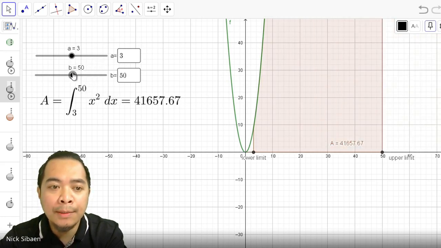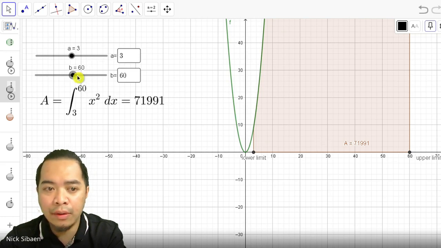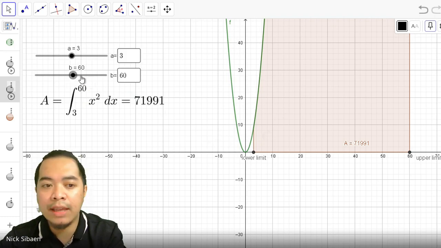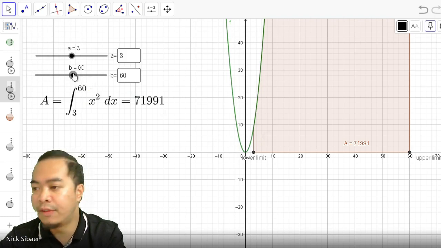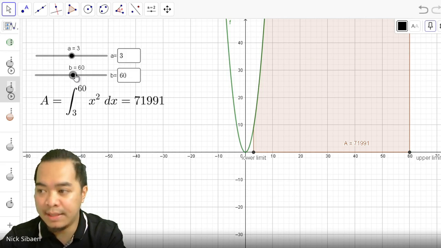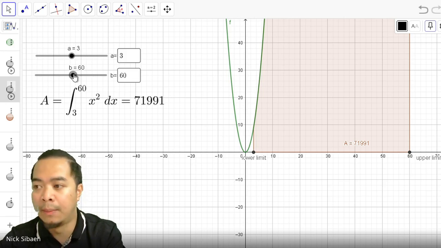So we see that, of course, as we increase the value of B or the upper limit, nag-i-increase din yung area indefinitely. So as B approaches positive infinity, the area approaches positive infinity as well.